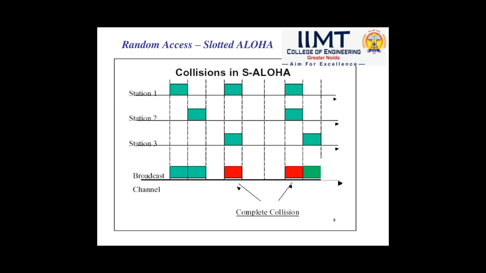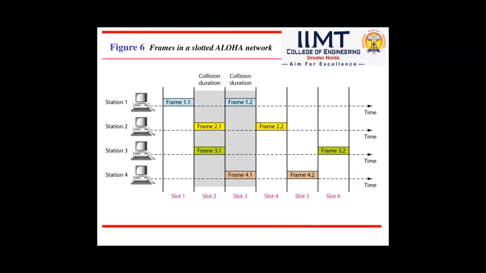If two or more stations send their frames in the same slot, then frame loss will occur. So this is about slotted Aloha. Here the time is divided into different slots, and the length of a slot is equal to the length of a frame.